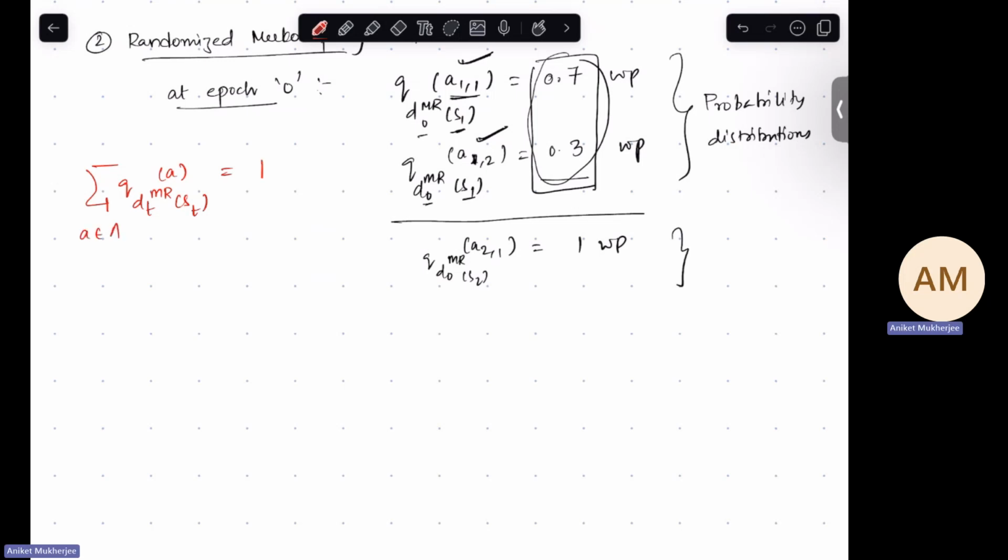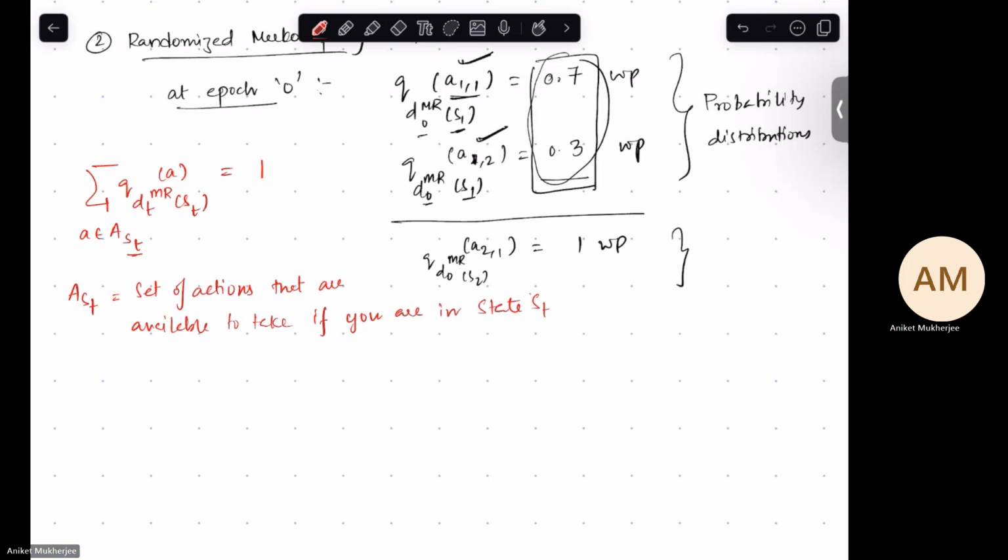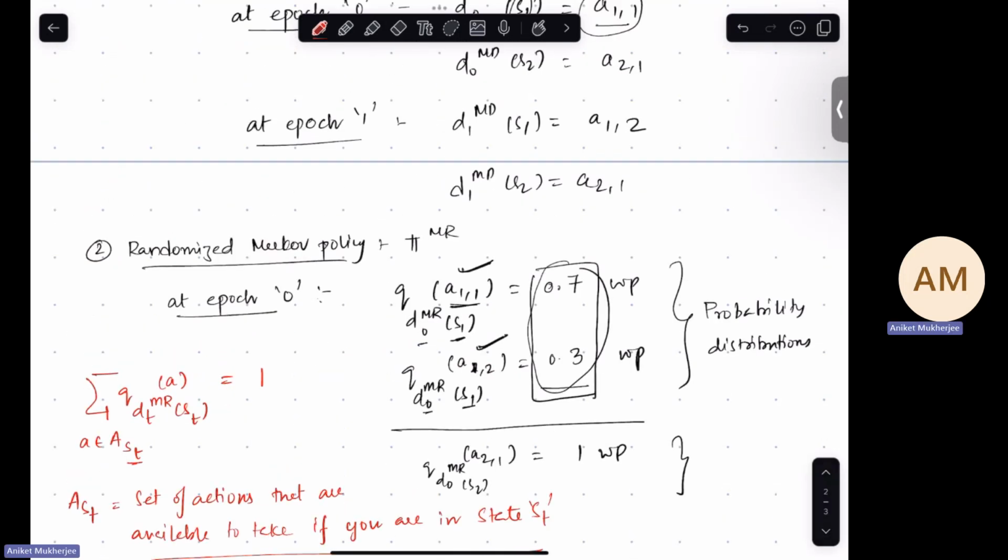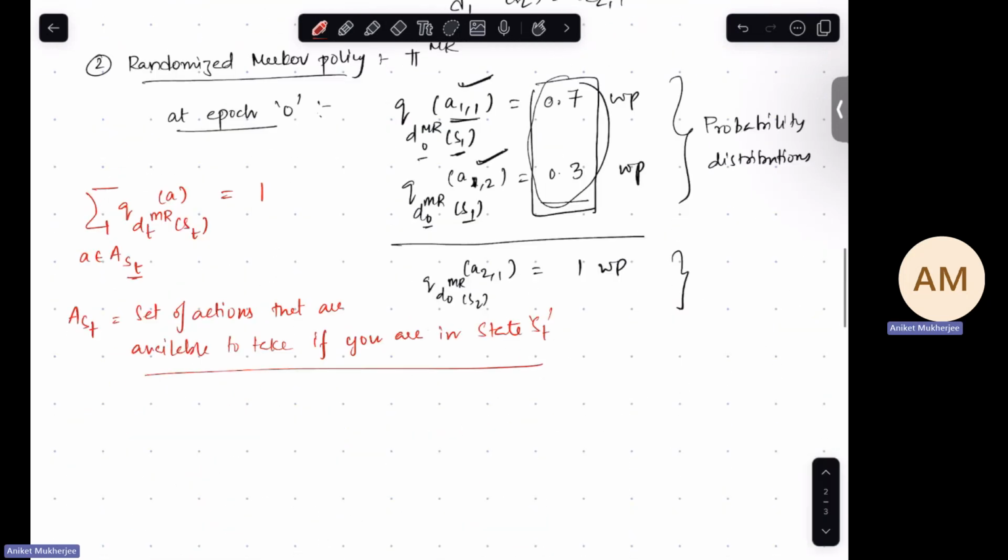So a belongs to all actions that you can take if you are at state st. So A_st is the set of actions that are available to take if you are in state st. Okay. So this is an example of a randomized Markov policy.